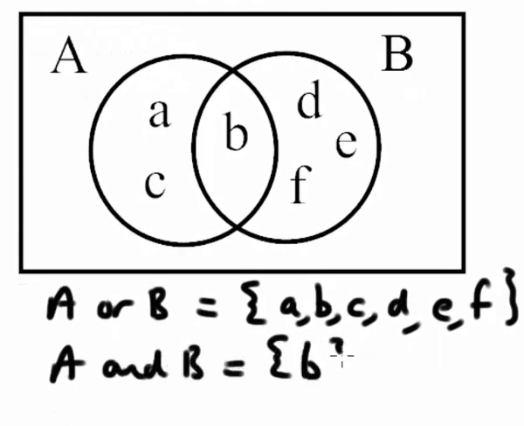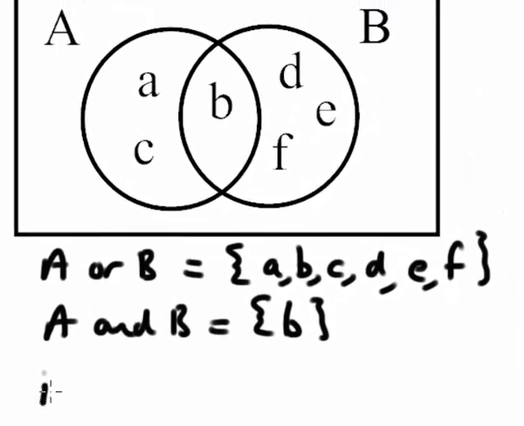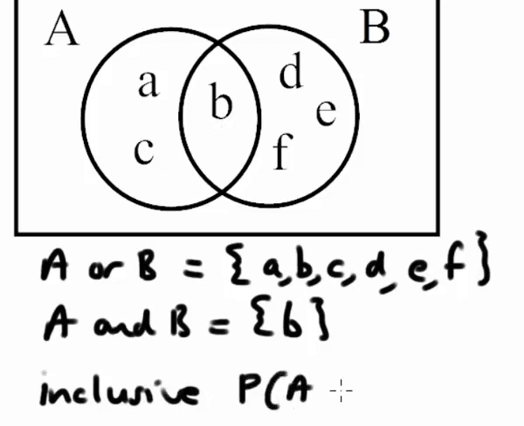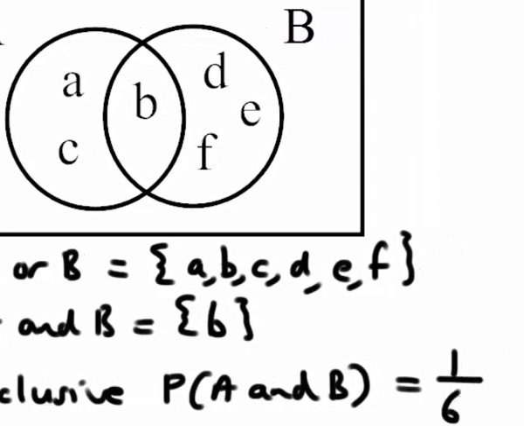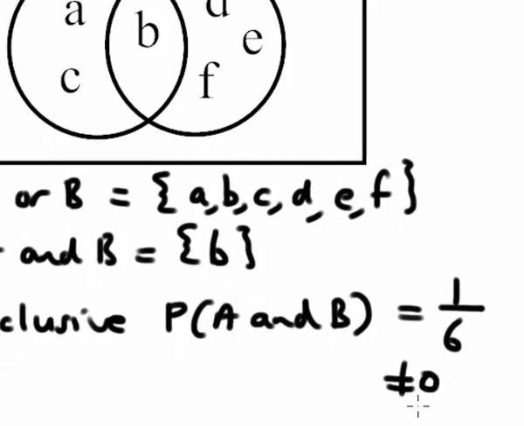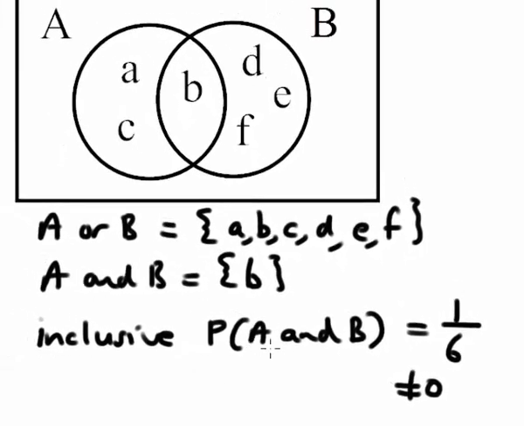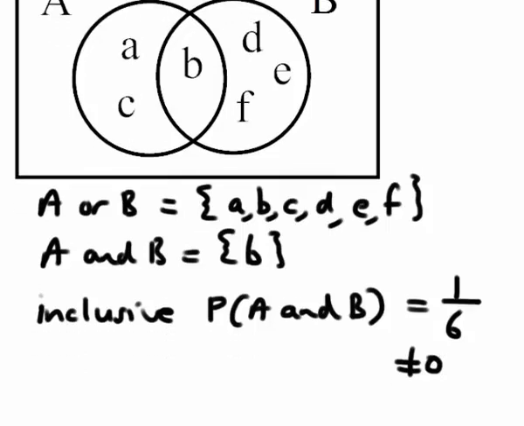So the events are what we call inclusive. There is an intersection there. And what is the probability of A and B? That would be 1 out of the 6, which is definitely not equal to 0. So when the probability of A and B is not 0, they're inclusive. There is an intersection.